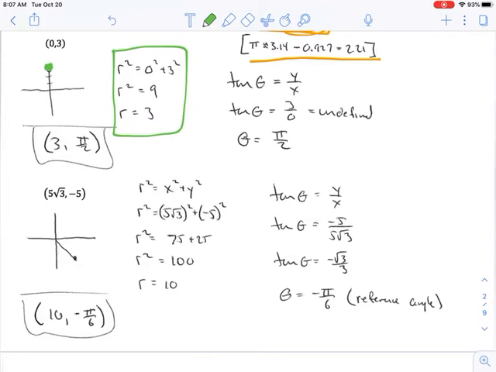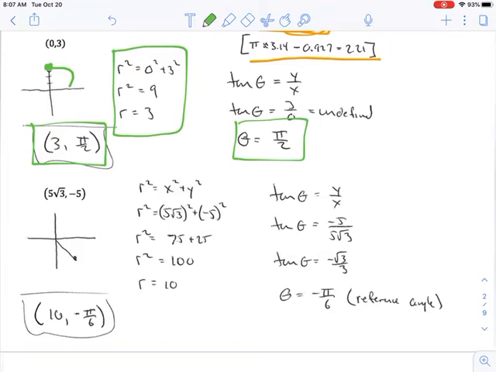And plugging into tangent of theta, we see tangent of theta is y over x, which is 3 over 0, which is undefined. And so that leads me to believe that it must be at pi over 2. And so we end up with theta being equal to pi over 2. And so we have the angle pi over 2 with a radius of 3. And so writing that in as a polar coordinate, we have 3 comma pi over 2.